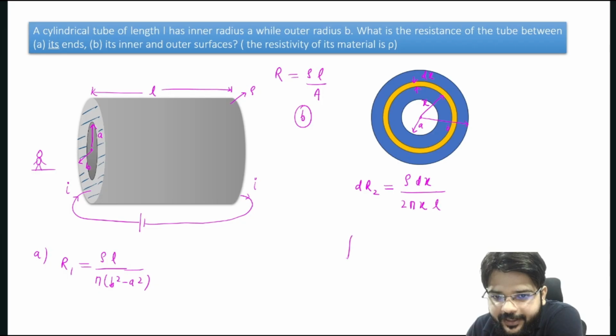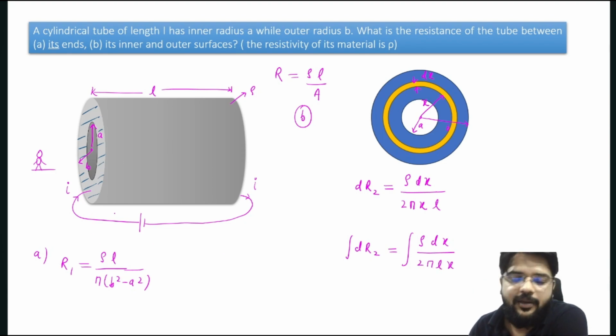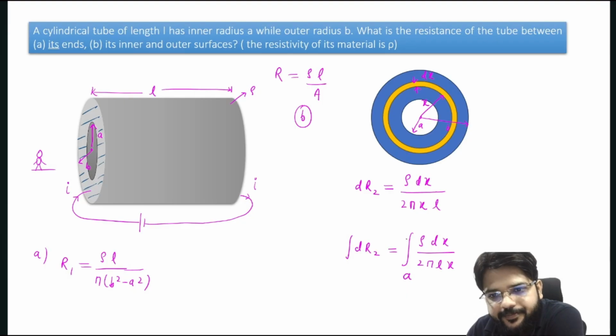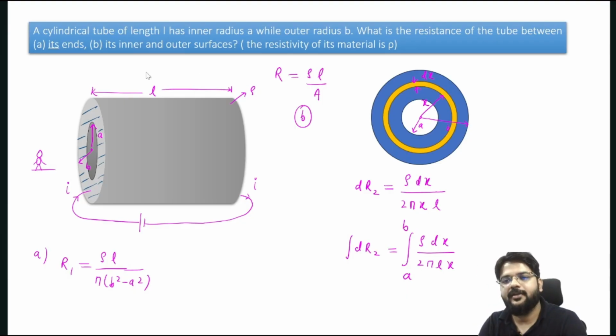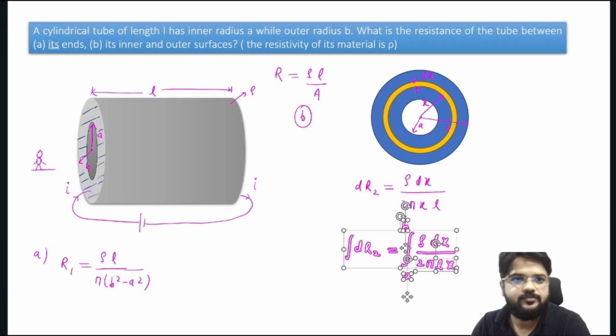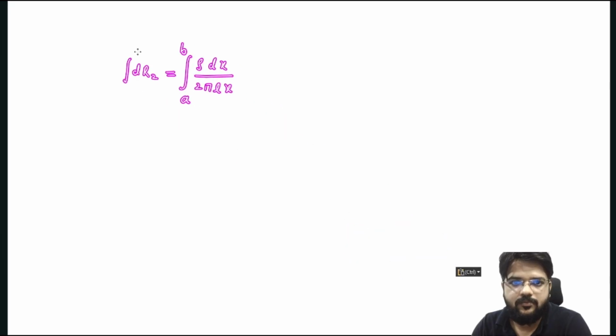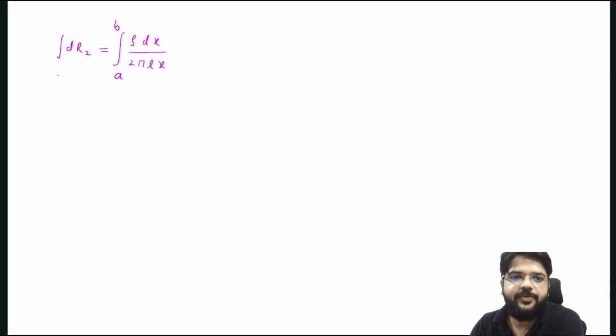Now we need to integrate, because we want the resistance due to this whole cylinder. So we have to integrate here and think, what should be the limit of integration? Tell me. Yeah, the limit of integration should be a to b, correct? So now the integration of dR2 is what?